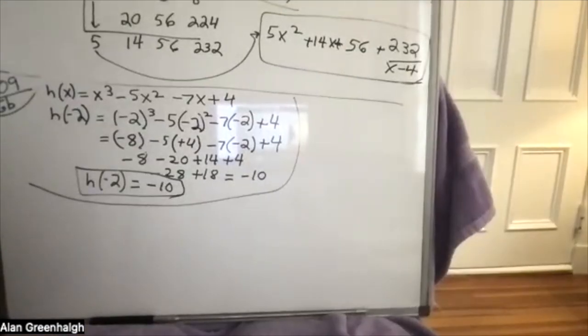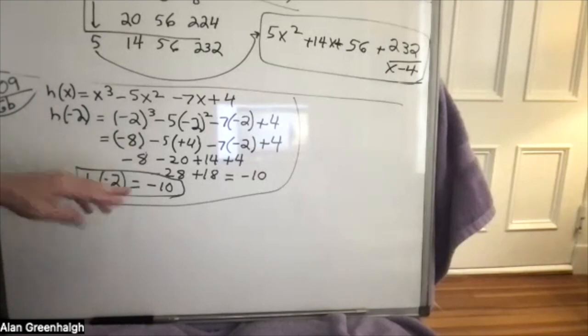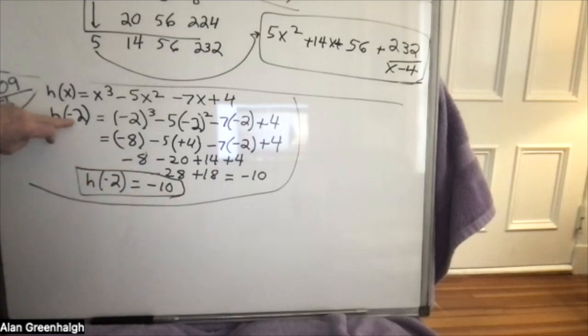All right, now they also want us to use synthetic division. And we know that when we use synthetic division here, we are going to wind up with, we hope, and this will verify, a -10 as a remainder. This is the remainder theorem, which means that we're substituting the -2.